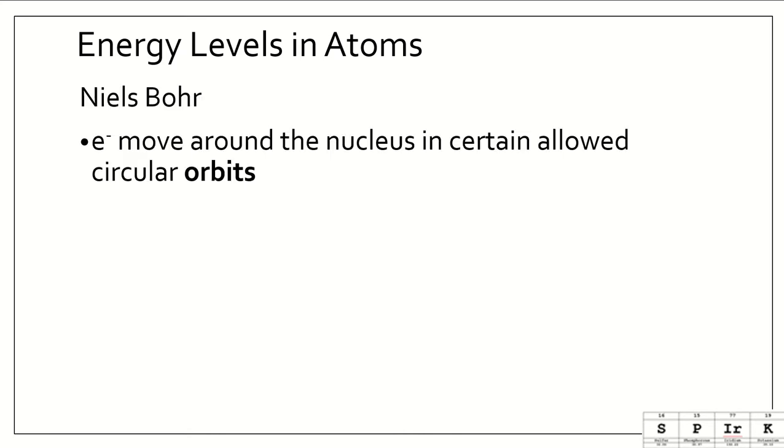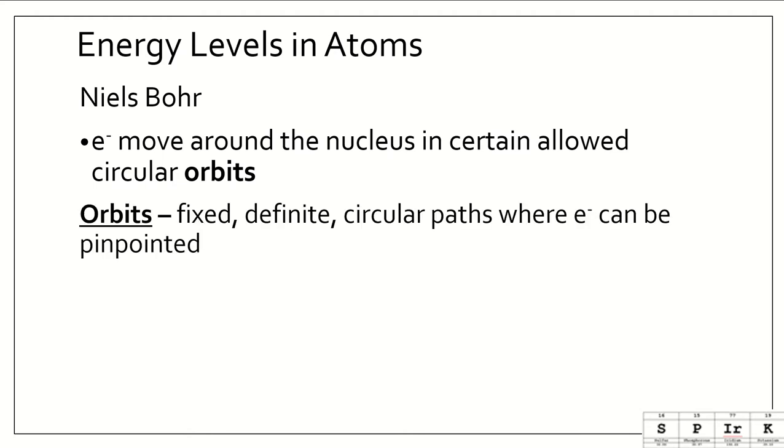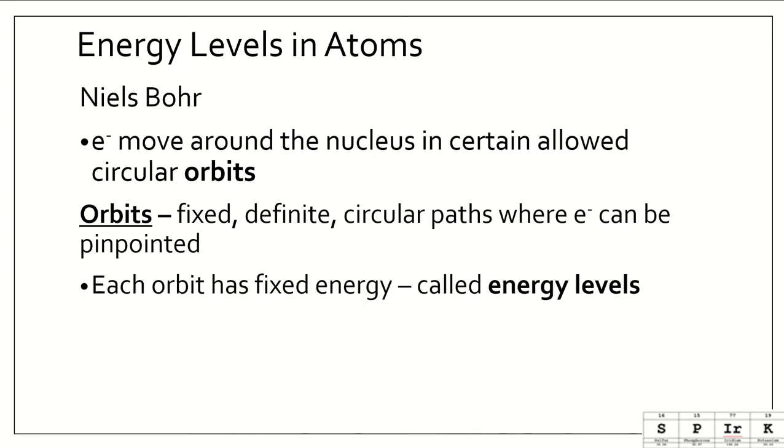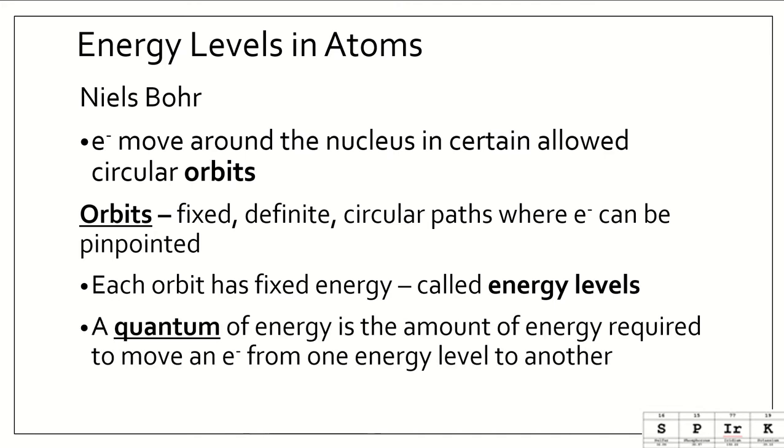So Niels Bohr said that the electrons move around the nucleus in certain allowed circular orbits, so that they have paths. And orbits are fixed, definite circular paths where electrons can be pinpointed. Each orbit has a fixed energy, and these are called energy levels.